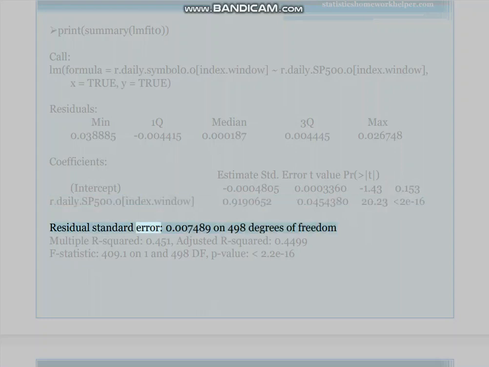Residual standard error: 0.007489 on 498 degrees of freedom. Multiple R-squared 0.451, adjusted R-squared 0.4499. F-statistic: 409.1 on 1 and 498 df, p-value: 2.2 times 10 to the power of negative 16.